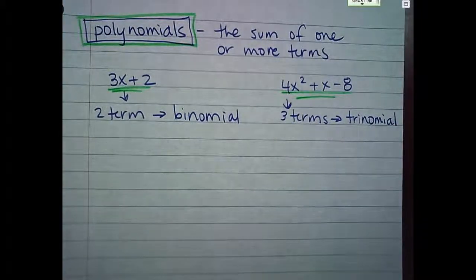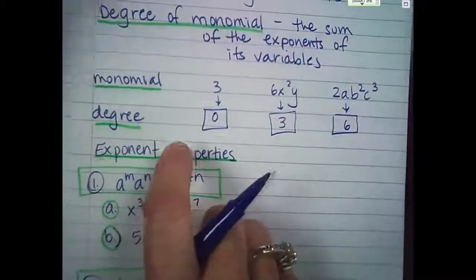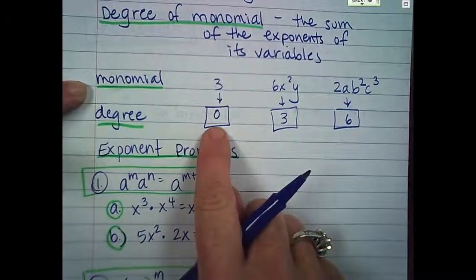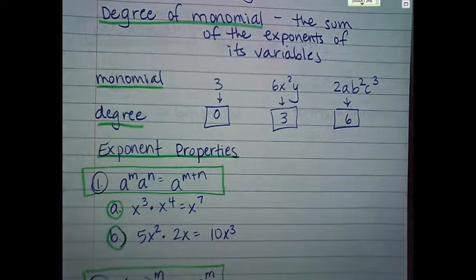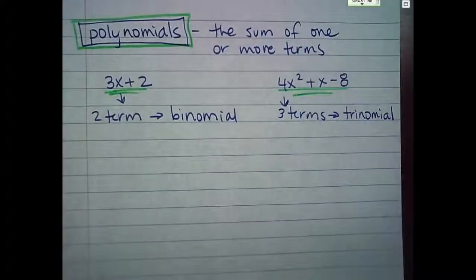Okay, in the notes, at the very beginning, we talked about a monomial and the degree of a monomial. When you put a bunch of monomials together and create a polynomial, you also combine the degree. This is how you do it.